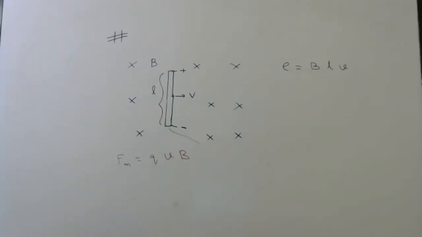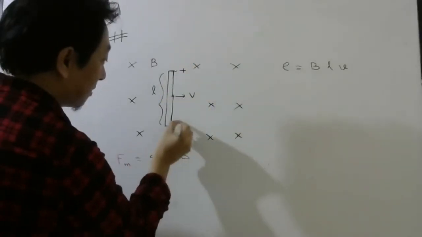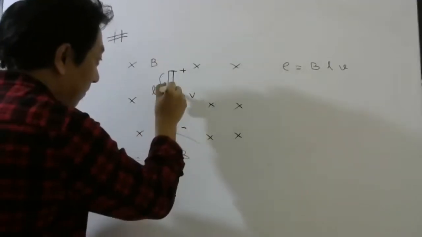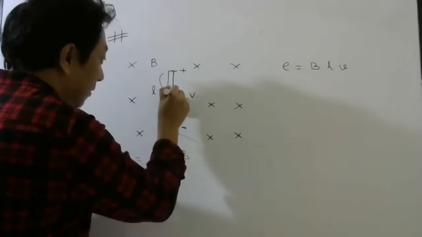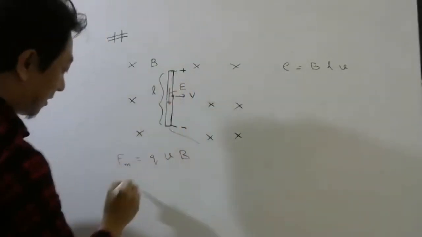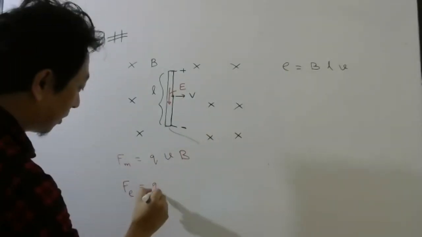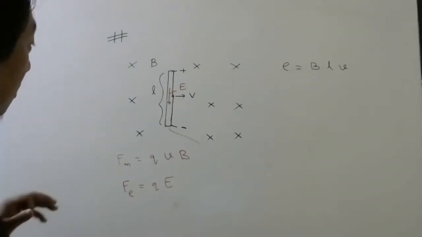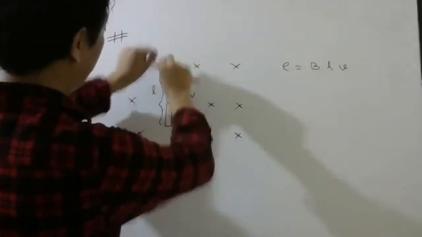Okay, now listen carefully. The moment this becomes positively charged and this becomes negatively charged, there will be an electric field this way, from positive to negative. So under the action of this electric field, the positive charge will feel a force qE. My question is, how long will these positive charges keep going?